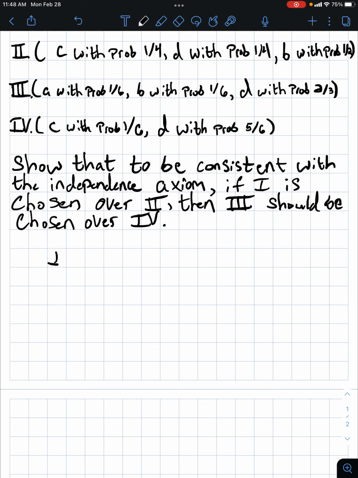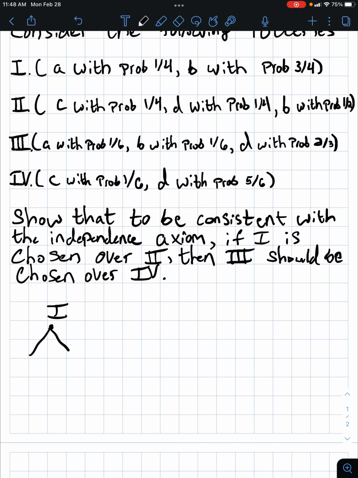So lottery 1, we have A with the probability 1/4 and B with probability 3/4.